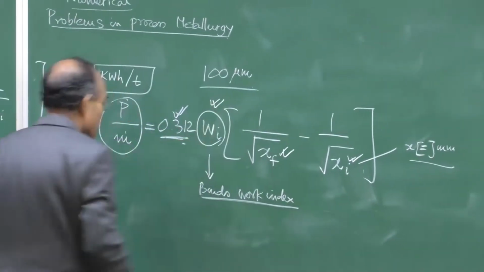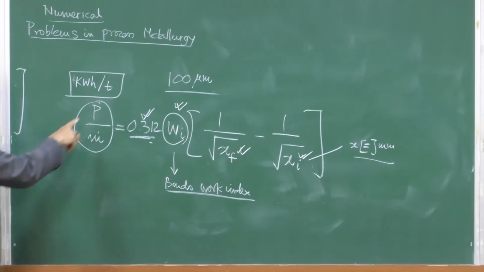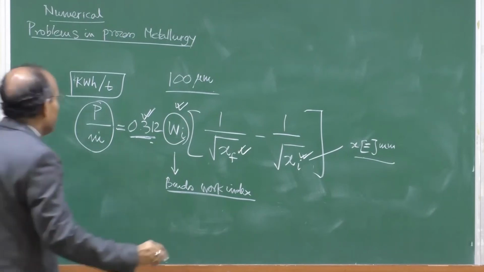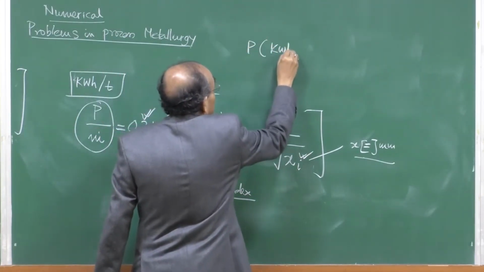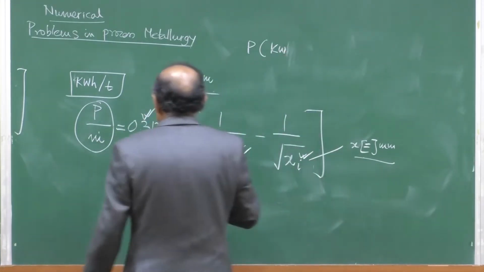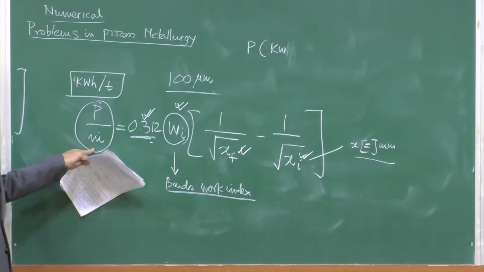So, I have obtained the value of XF, I have obtained the value of XP, Wi is given to me, m dot is given to me. So, the power can be calculated, one equation, one unknown, piece of cake. And if you substitute the value now, the power in kilowatt, the hour will not come into the picture because feed rate is tons per day. So, you have to convert it to tons per hour. Okay.